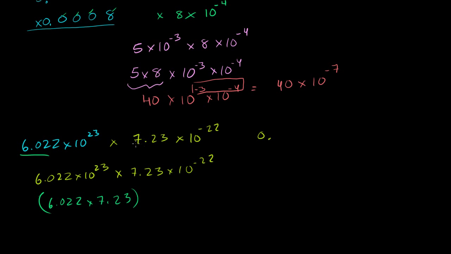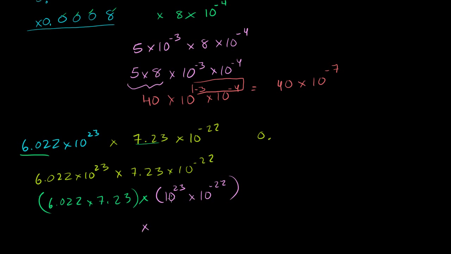So you can view it as these first parts of our scientific notation, times 10 to the 23rd times 10 to the minus 22. And now you're going to have to do some little decimal multiplication right here. It's going to be some number, 40 something, I think. I can't do this one in my head. But this part is pretty easy to calculate. I'll just leave this the way it is. But this part right here is easy.